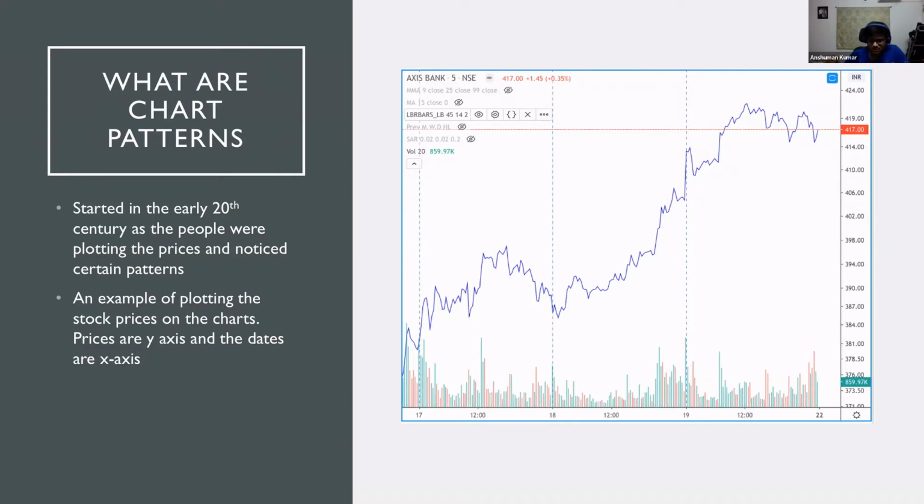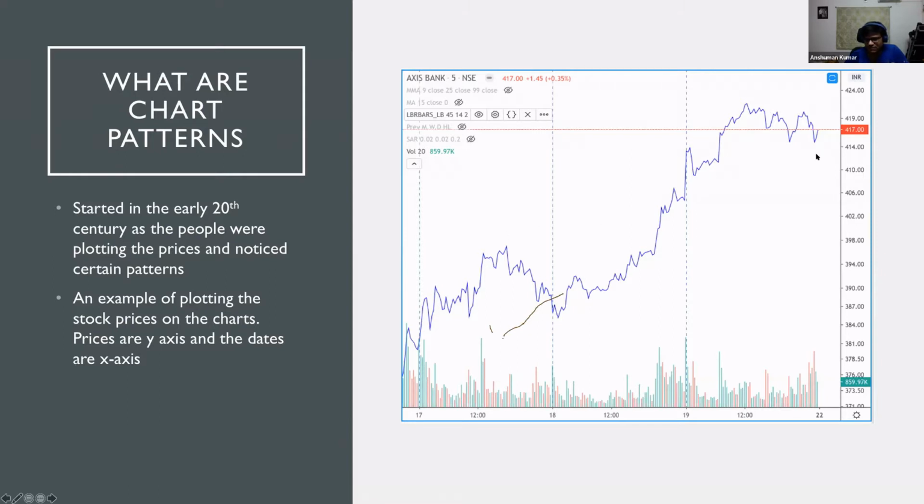Richard Schumacher is broadly regarded as the father of modern technical analysis. And what was happening basically was he was taking closing prices and then plotting them along for each and every date. So for example, when we talk about closing prices, you have a price on day one, you have a dot here, you have a dot here, you have a few dots, you connect them and you will start getting a chart. That is essentially what happened.